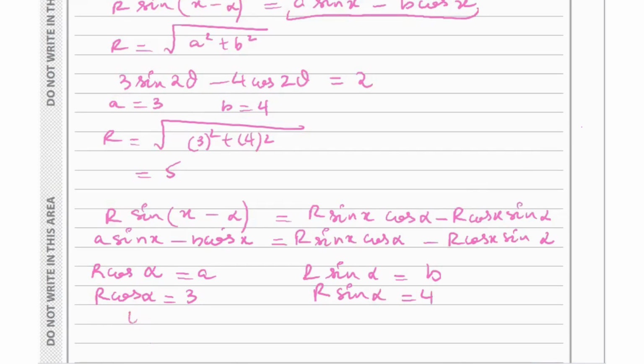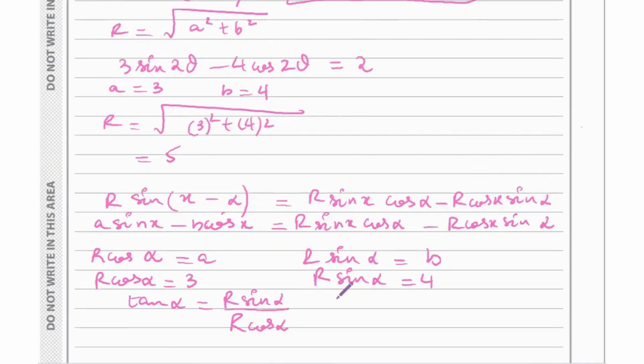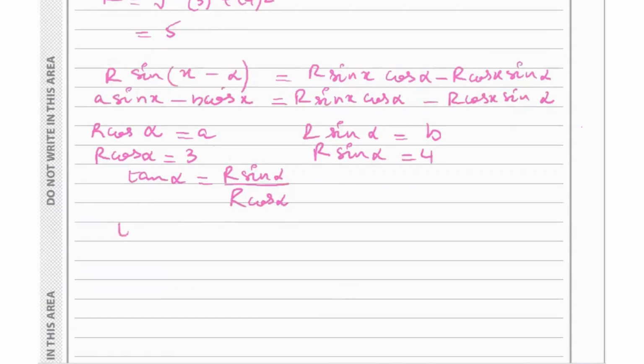So tan alpha is equal to r sine alpha over r cos alpha, which means tan alpha is going to equal 4 over 3. We use this to find the value of alpha. Alpha equals tan inverse of 4 over 3, and that's going to give us a value of 0.927.